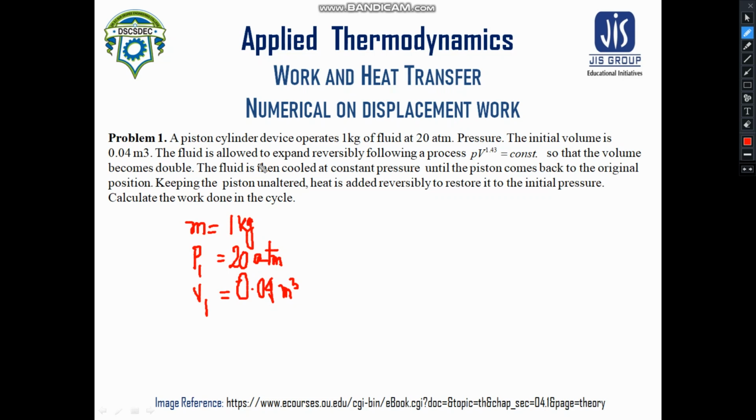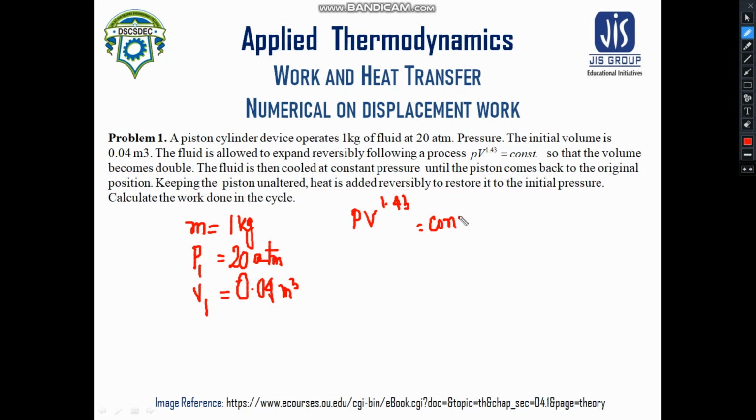The fluid is allowed to expand reversibly following a process PV to the power 1.43 equal to constant. So this is a polytropic process, right? PV to the power 1.43 equal to constant.